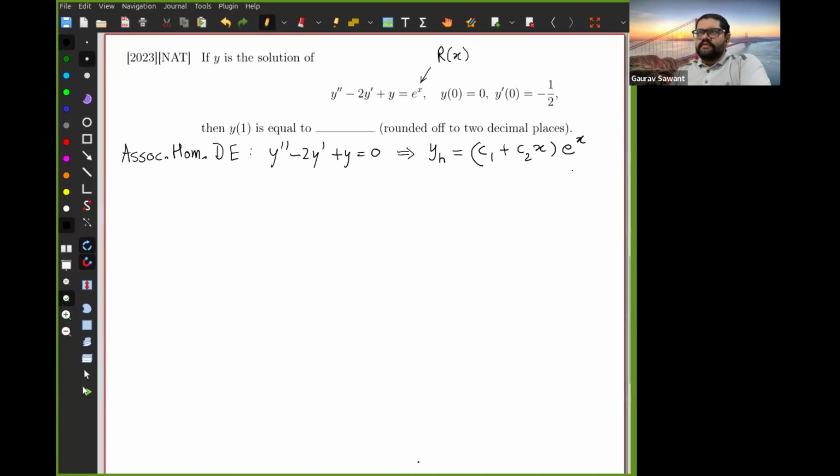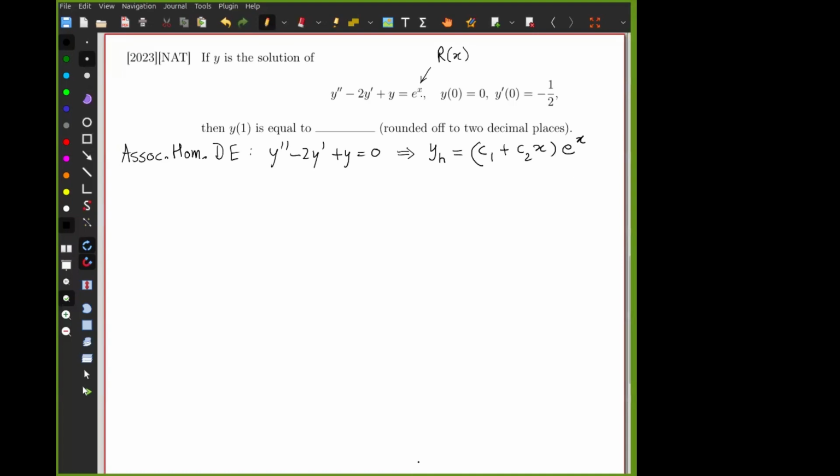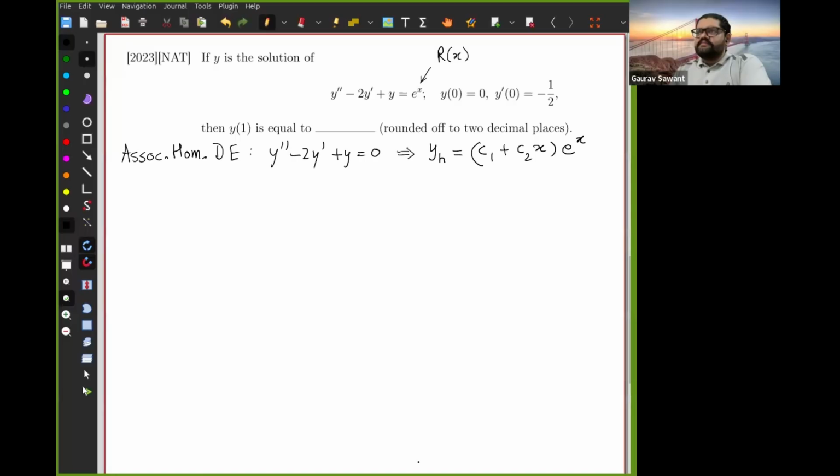Okay. But now you see that you have r(x) equal to e^x, and we have to make sense of these. So first thing, forget about the constants. I have the functions y1 equal to e^x and y2 equal to x e^x. These are my linearly independent solutions for the homogeneous part. Okay, we calculate their Wronskian.